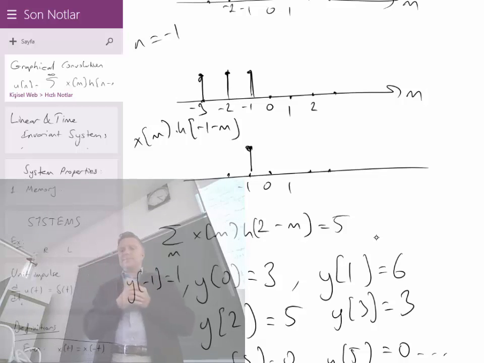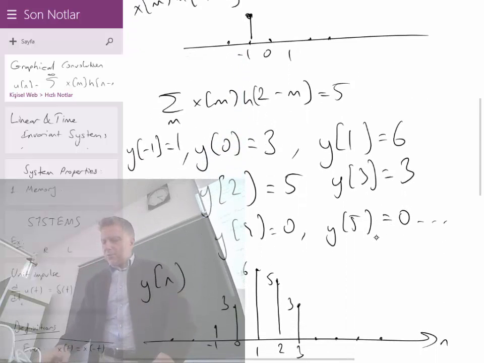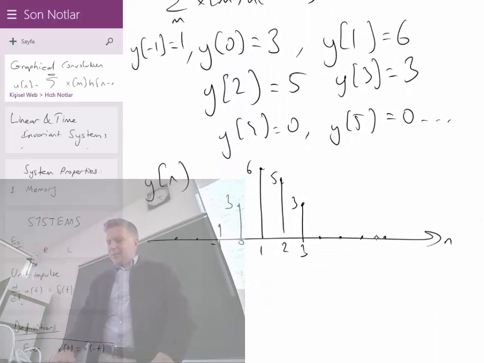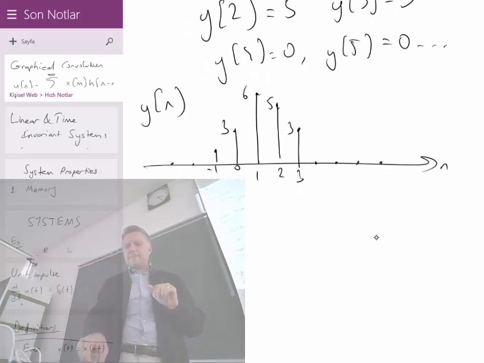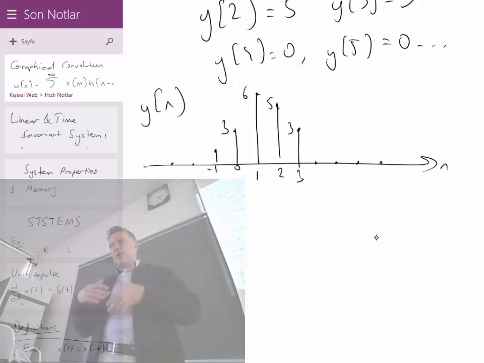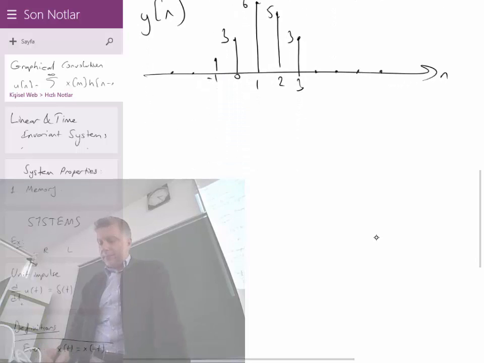You flip around h. Very soon we will, well, I can say it right now, this convolution has a symbol, and that is a very linear operator, okay? The concept of convolution is something quite linear. This is the notation.